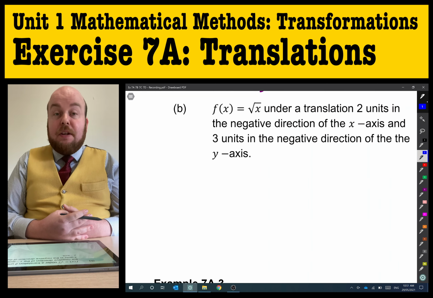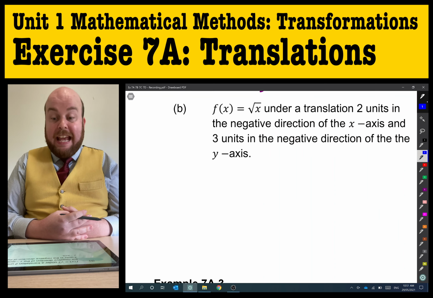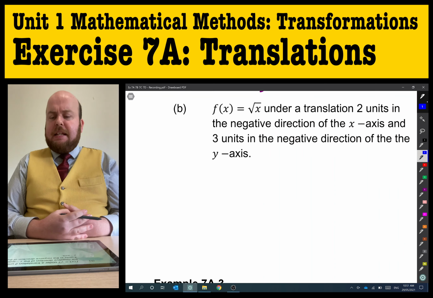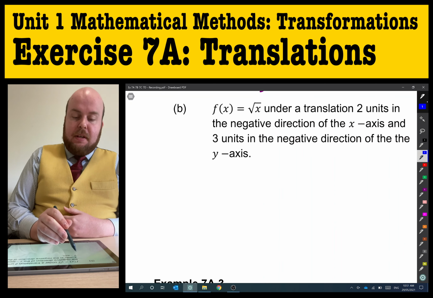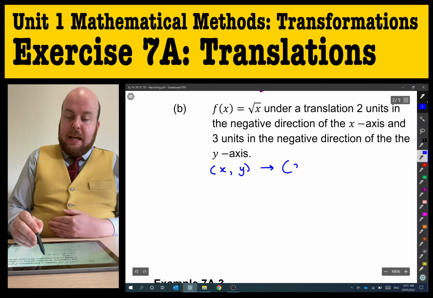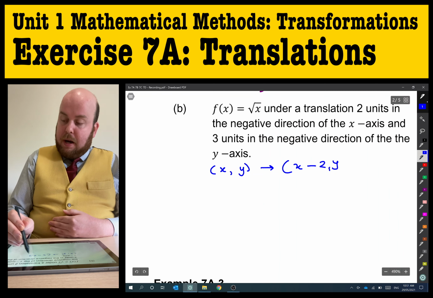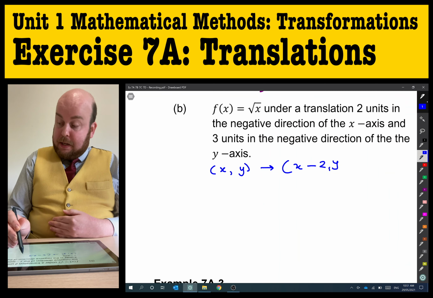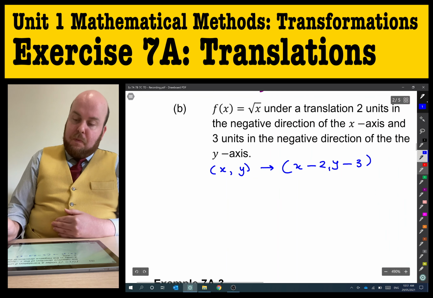B. f of x is equal to the square root of x under a translation of 2 units in the negative direction of the x-axis and 3 units in the negative direction of the y-axis. So starting with my x comma y, it becomes x minus 2, and y becomes y minus 3. There we go.